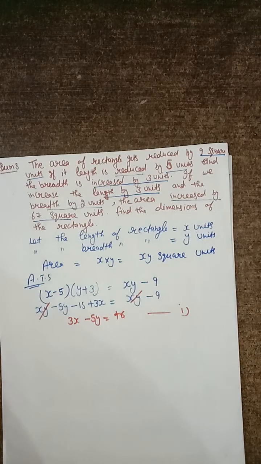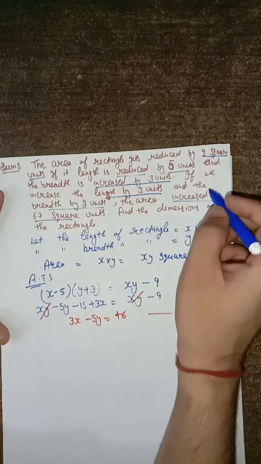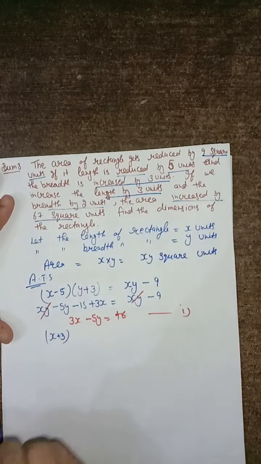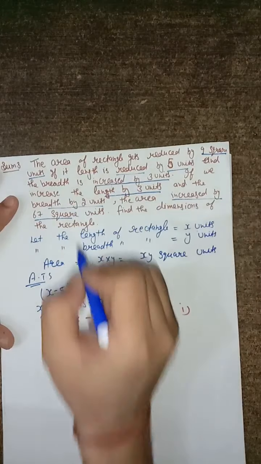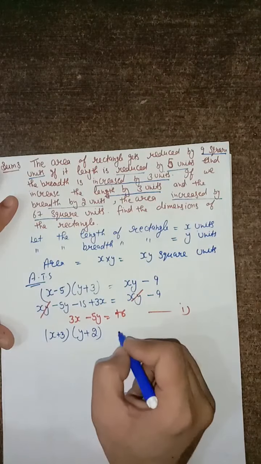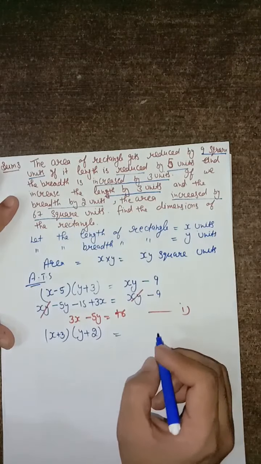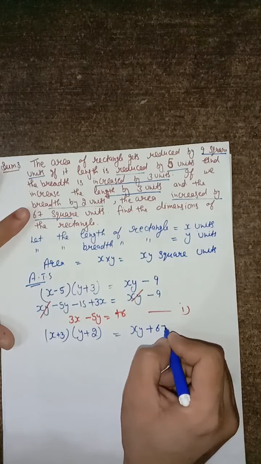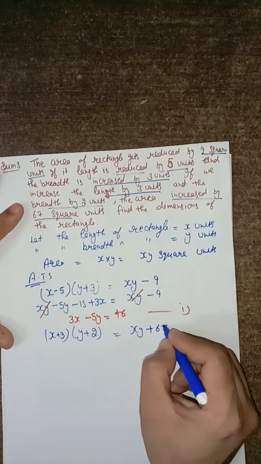Now according to our second situation, if we increase the length by 3 units, x plus 3, and the breadth by 2 units, means it is also increasing, the area increases by 67 square units.